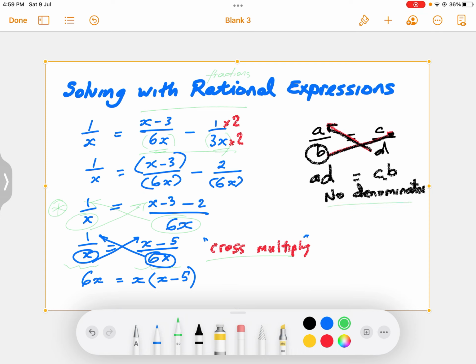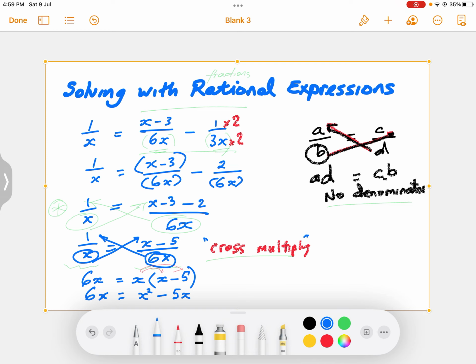What we've got to do now is be careful. We have to expand. We have to go x times x and x times 5. So that becomes x squared and 5x.